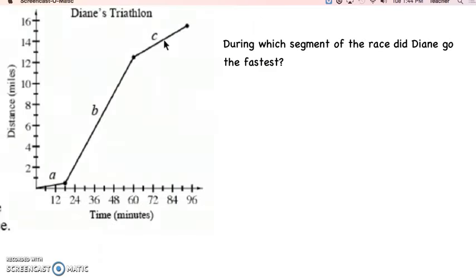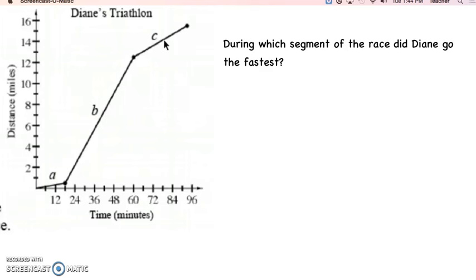All right, our next example, Diane's triathlon. Now, for those of you who don't know, a triathlon is a race in which you run, swim, and bike. So the question is asking, during which segment, A, B, or C, of the race did Diane go the fastest? So fast means that she covered the most ground in the least amount of time. And we can again look at how steep the slope is of the line.